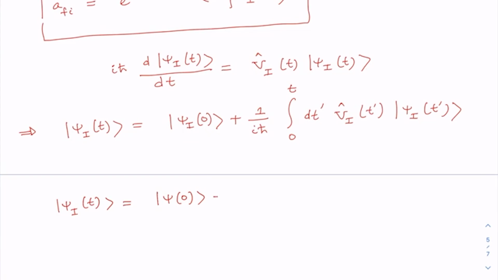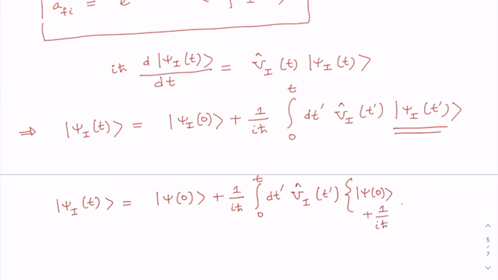So we have the next term as 1 by i h cross integration 0 to t dt dash V_I(t dash), and here I replace psi_I(t dash) in the same form: psi of 0 plus 1 by i h cross integration 0 to t dash dt double dash V_I(t double dash) psi_I(t double dash).